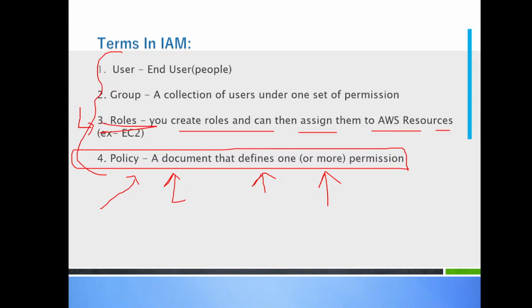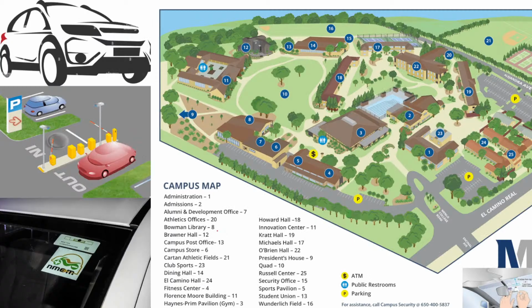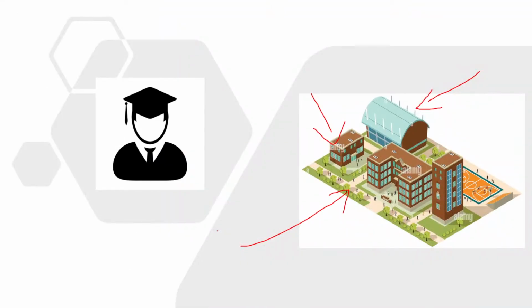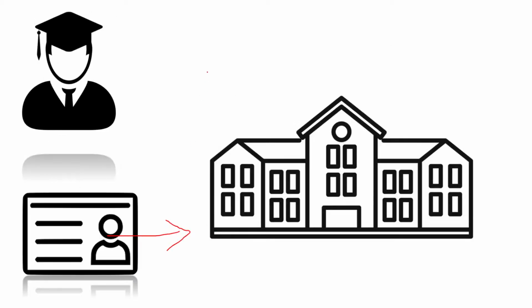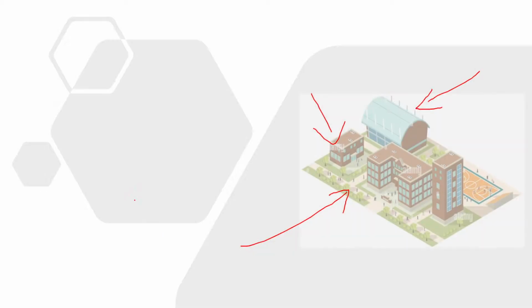Now let's talk more about role. What is a role and why is it important? I told you about the ID card. ID cards are assigned to you when you are a person, right?